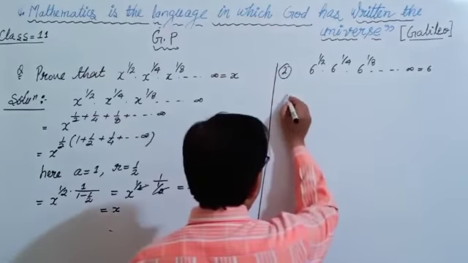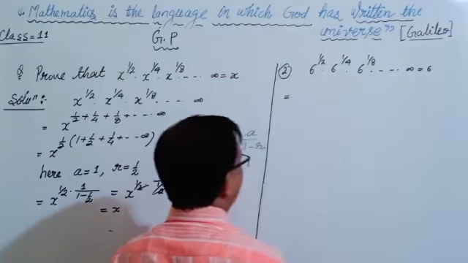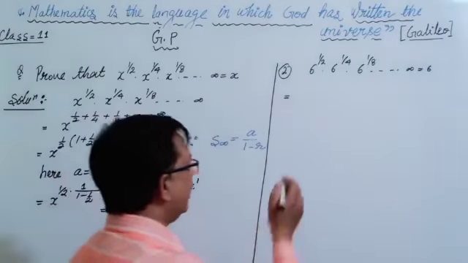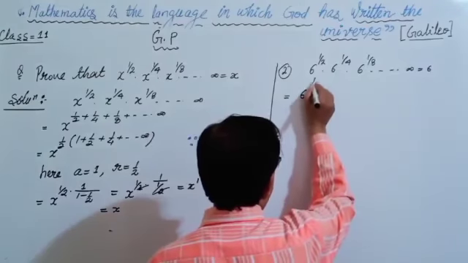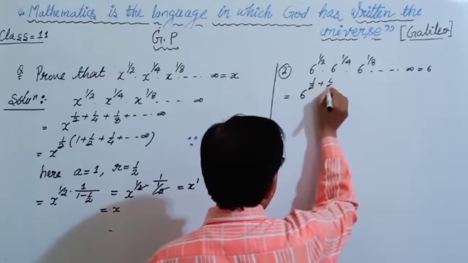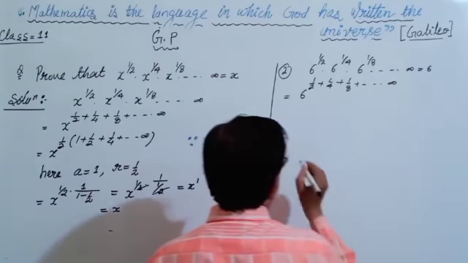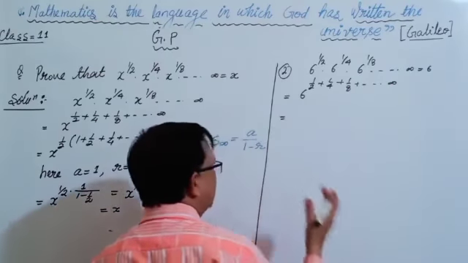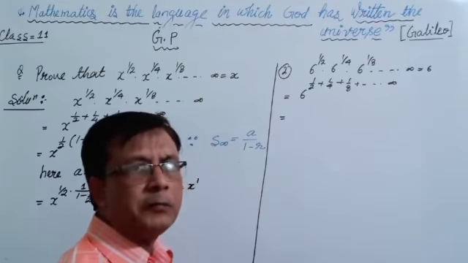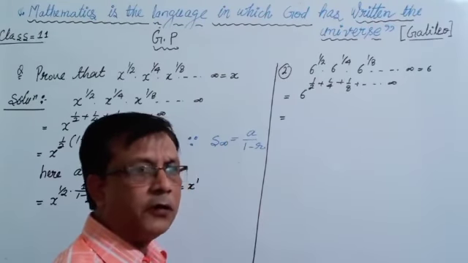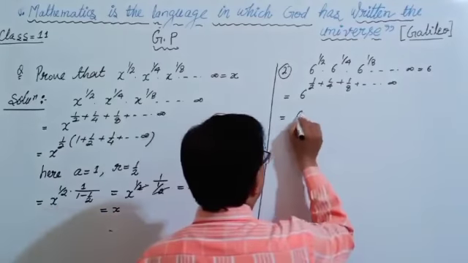So here we write, 6 is the base, it is the same, so power is added. So this is 6 to power 1 by 2 plus 1 by 4 plus 1 by 8 up to infinite. Now student, it is good for us that we take 1 by 2 common, so the first term becomes 1. So calculation will be easy.